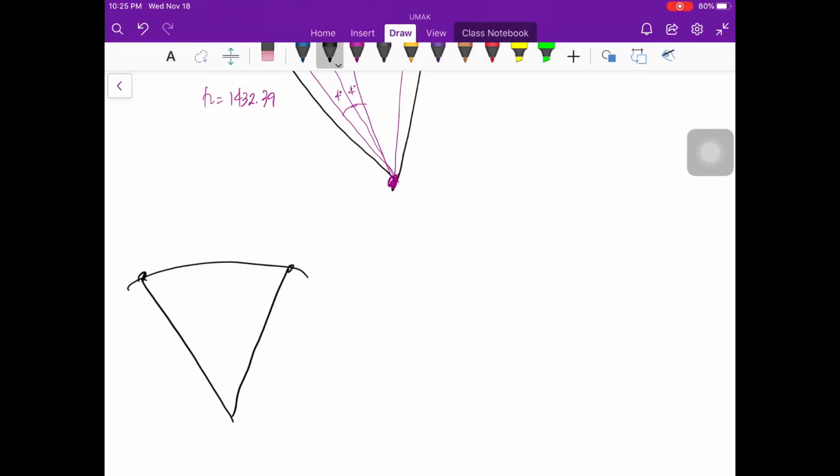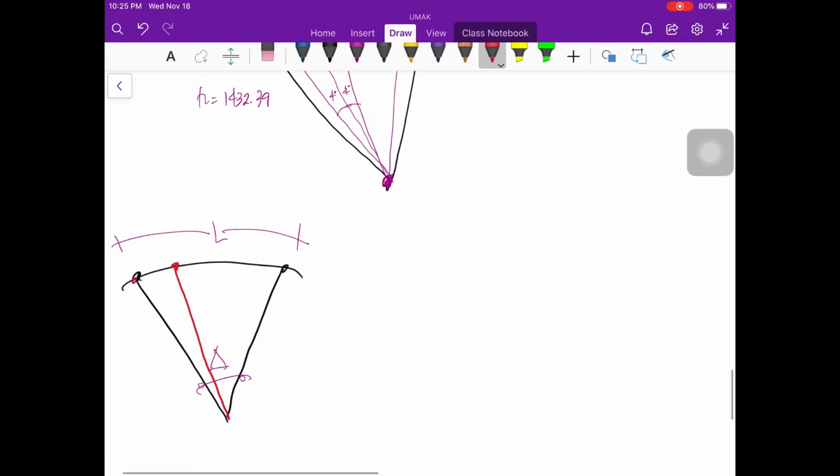Let's say this is the length of the curve, and this is your delta, which is the deflection angle of the entire length of the curve. And let's say in red, you have this mini L, and this one is gamma 1.